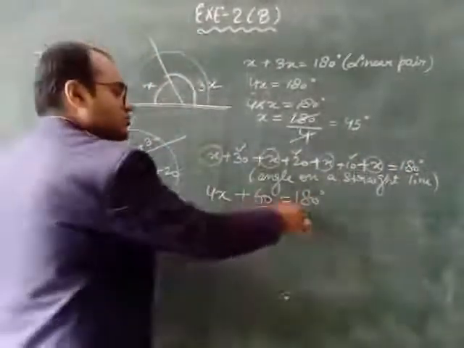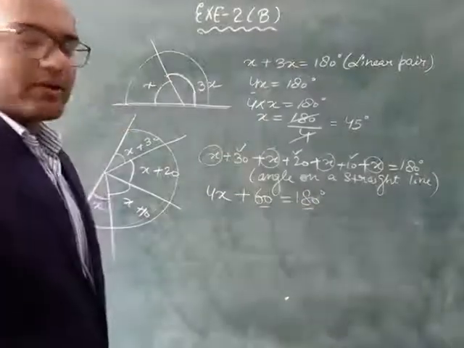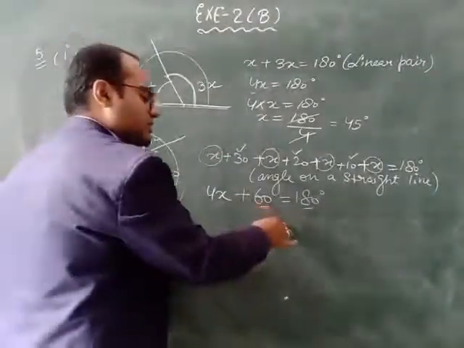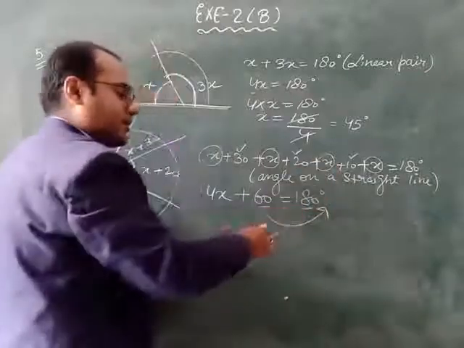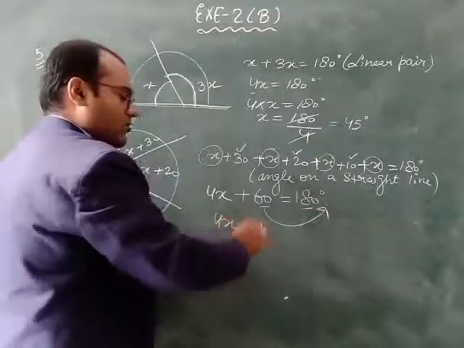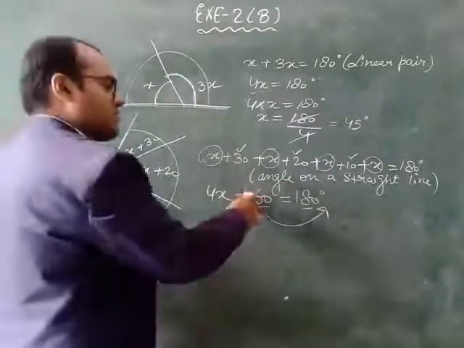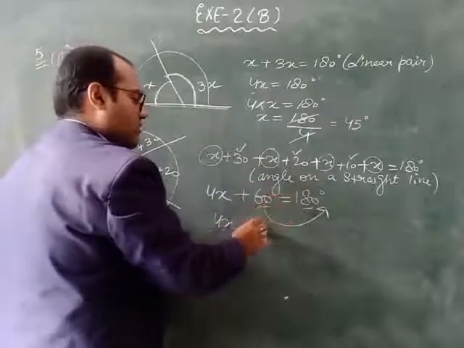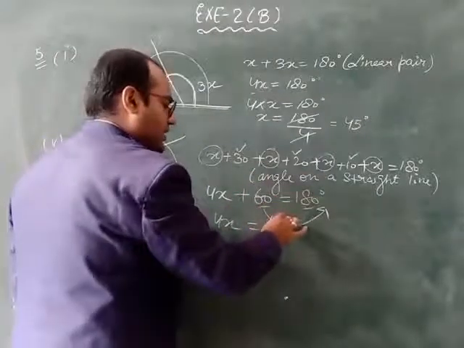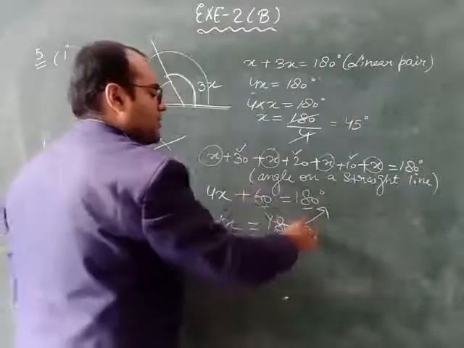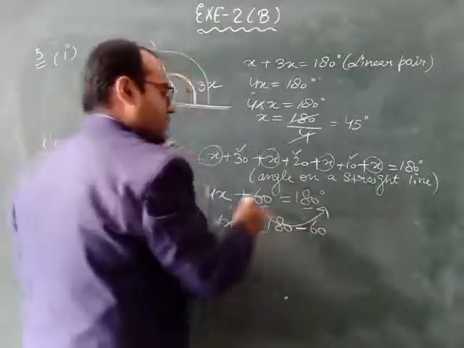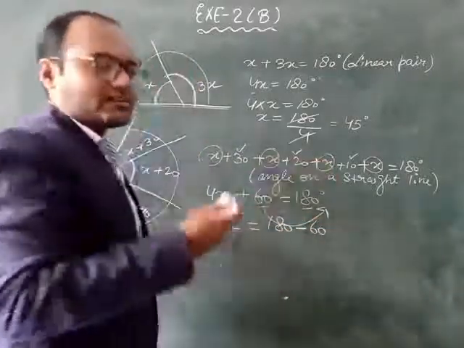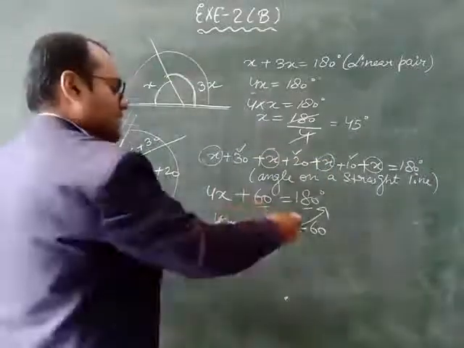Now these two do not have an alphabet. So what we will do is bring this plus 60 to the right-hand side. Here we have to write 4x, and plus 60 we bring to the right-hand side, so equal to will come. Now 180 plus 60 will become minus 60, when this plus 60 goes to the right side, the sign gets changed. So minus 60.